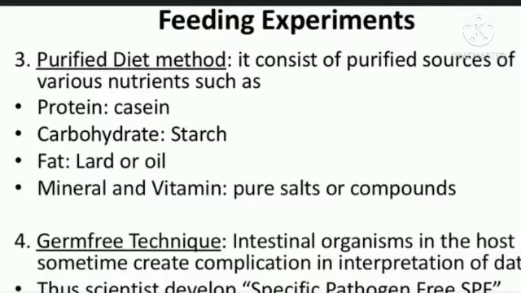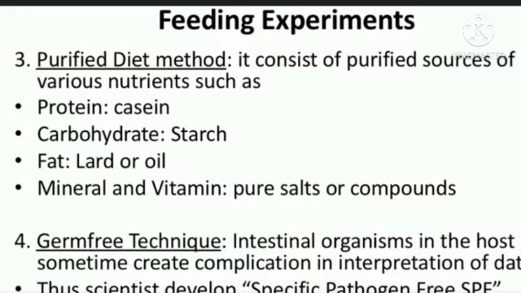Like maize grain also has some amount of protein, carbohydrate, fat, minerals and vitamins. So all the ingredients which we are including in the feed have some amount of all the nutrients, so we can't judge any one nutrient. If we want to see the availability of any one nutrient, we have to go with the purified diet method.